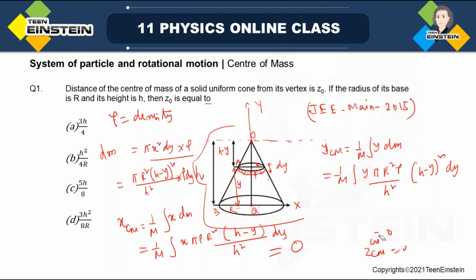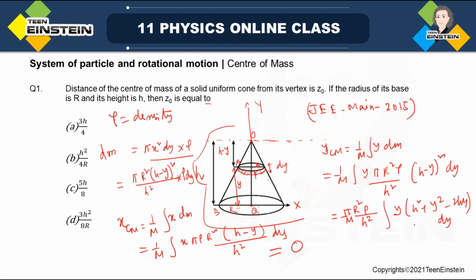Now what we have to do, we can just take this pi r square rho by h square out of the integration, then we get y times (h square plus y square minus 2hy) and dy.